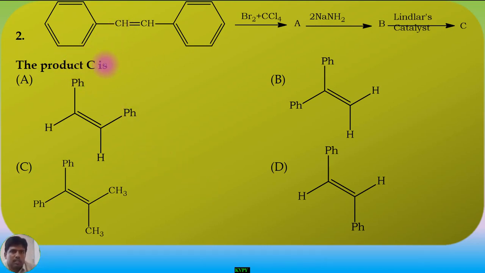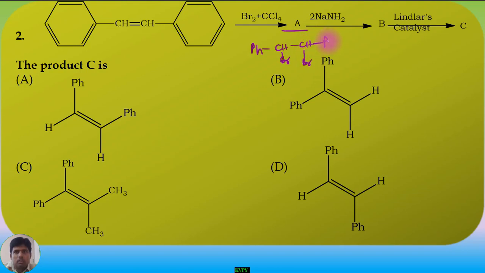So the product C is, so there is a double bond here. So if you look at the double bond, Br to CCl4, that means it will be adding bromine. So basically after this, A will be PHCHBrCHBr.